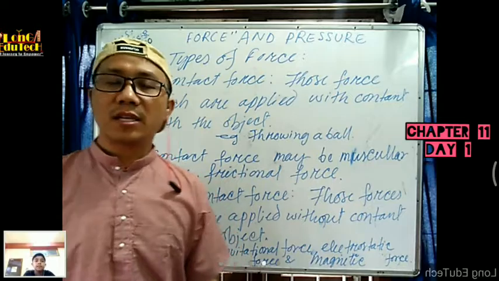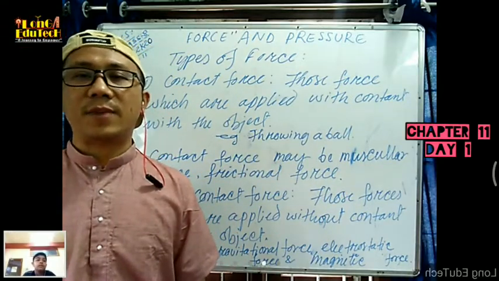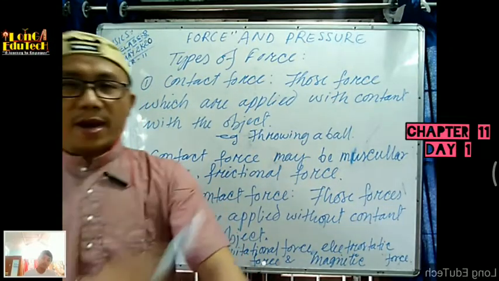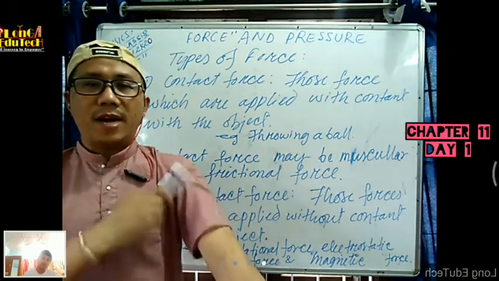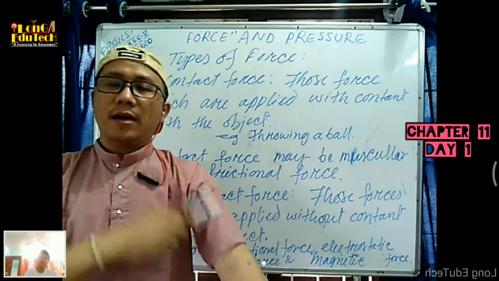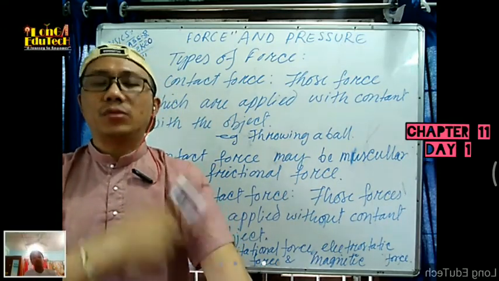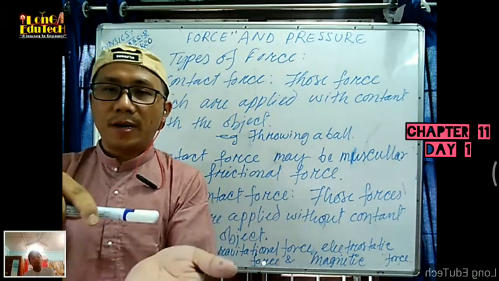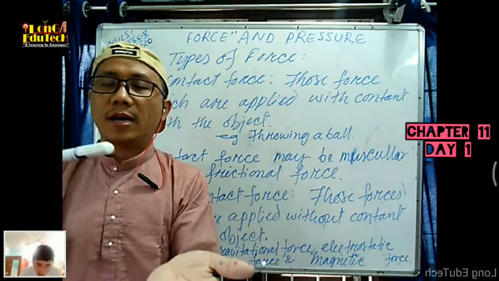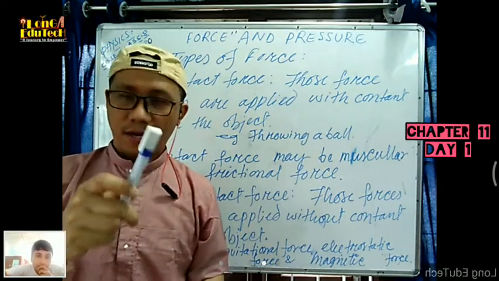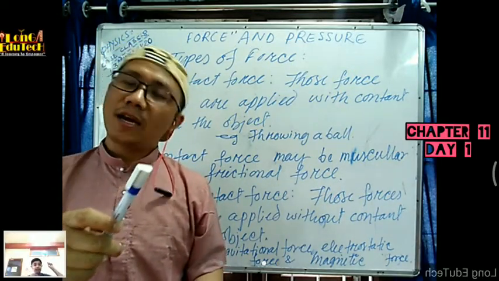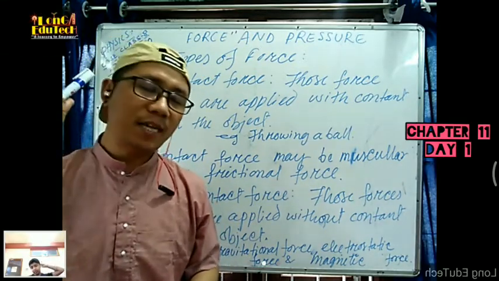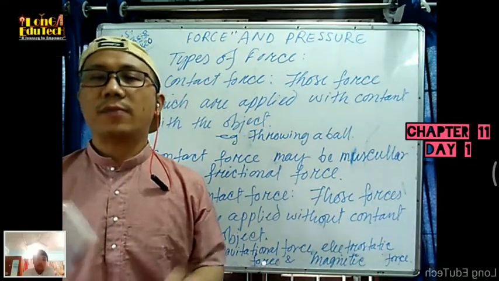The electrostatic force is developed due to charged particles. If you rub your pencil or a pen on your hair, and then bring it near a piece of paper, the piece of paper will be attracted to it. With a scale or a plastic pen you can also do this.